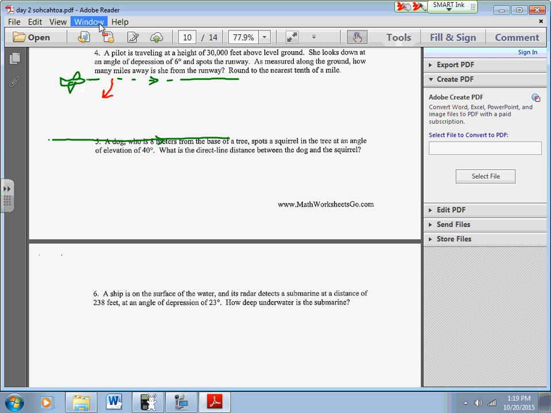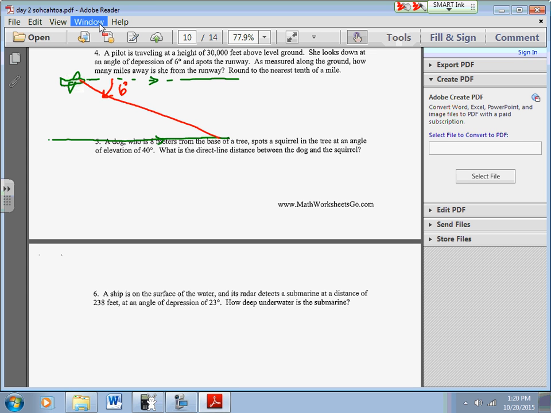So she looks down and she spots a runway at an angle of 6 degrees for an angle of depression. But then it says, as measured along the ground, how many miles away is she from the runway?